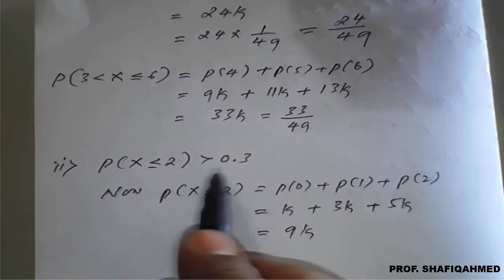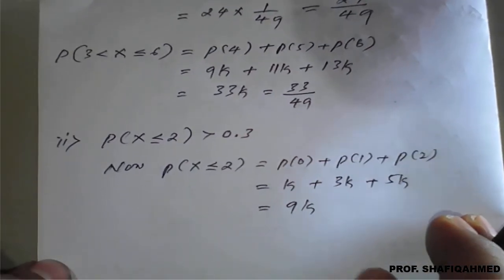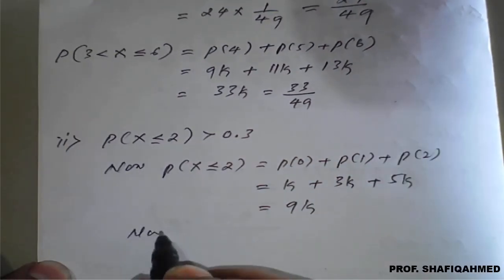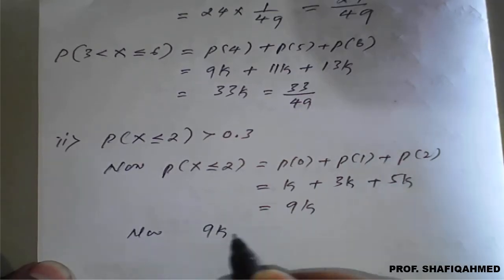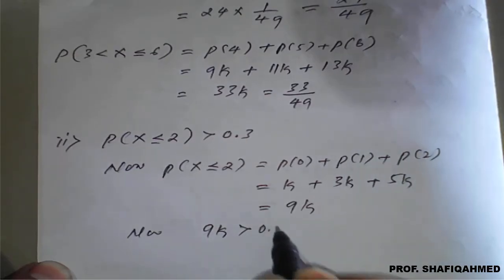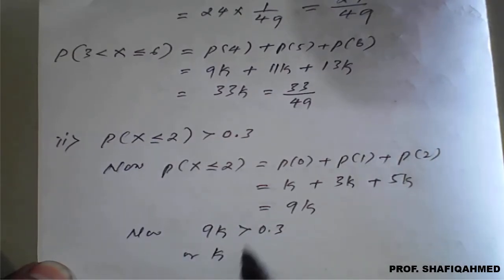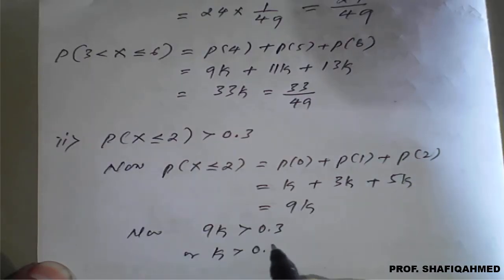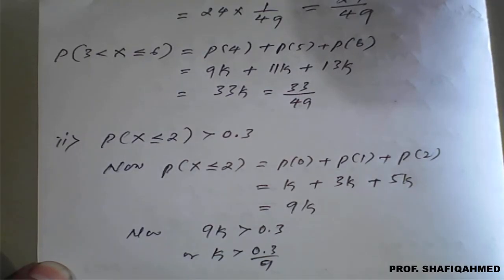And now they are asking whether the value of k will be minimum or not. What is the value of k for this value? So this 9k, whether it is greater than 0.3, so k we will consider as greater than 0.3 upon 9, which is nothing but k is greater than 1 upon 30.